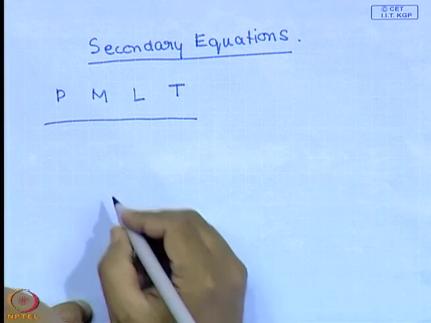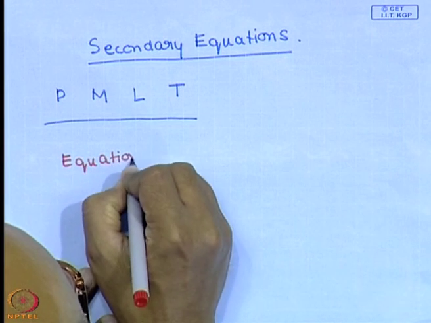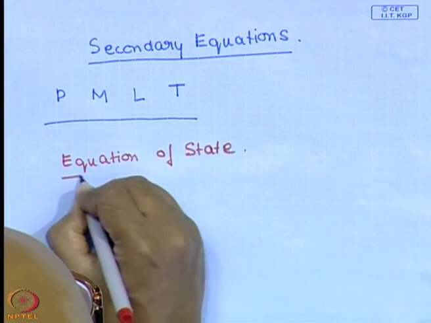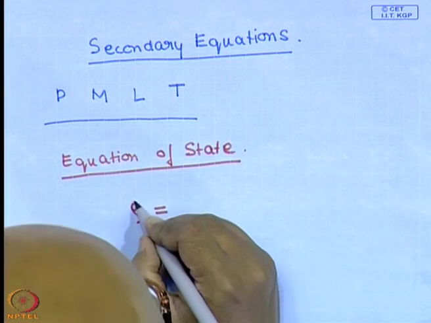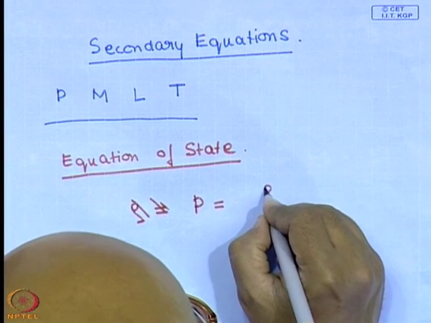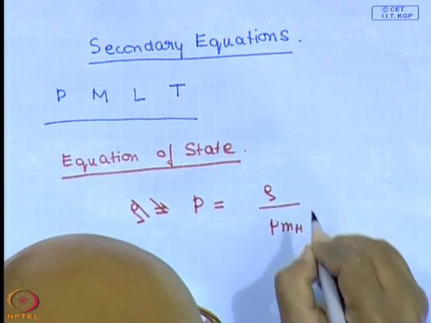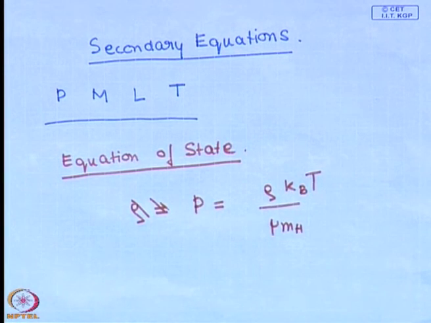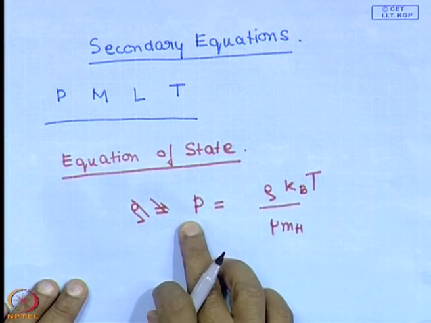The equation of state, I just wrote it down, it is P is equal to rho by mu mH kBT. You have to use this, right. So, if you use this, then the density is no longer an independent quantity, it depends on the pressure and the temperature.